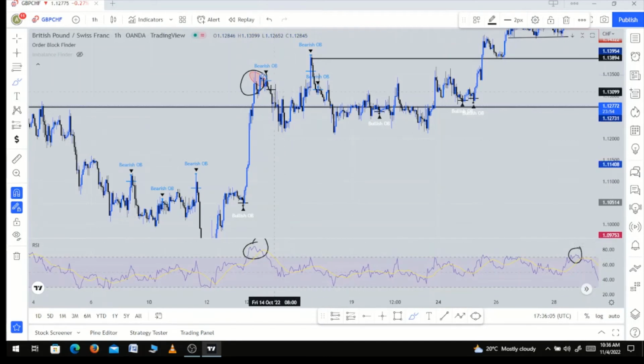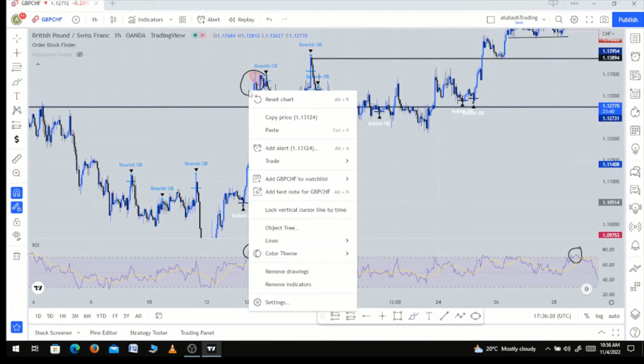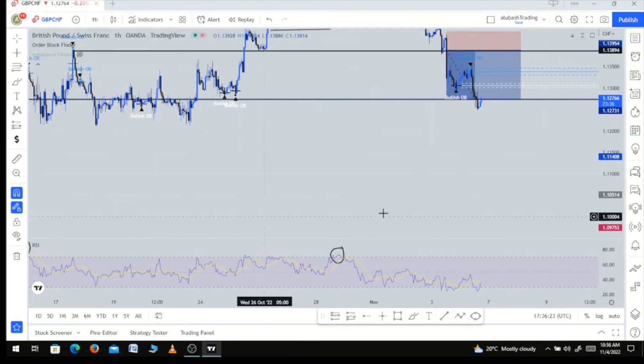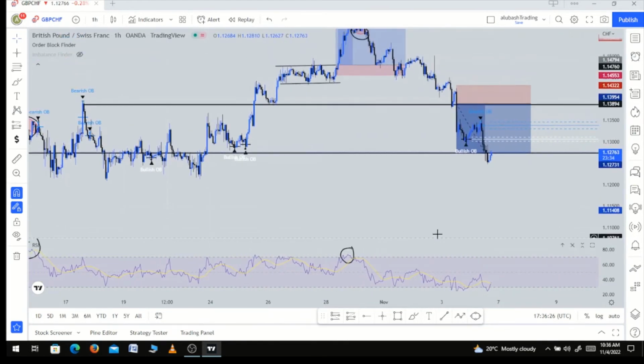So it automatically tells you that sellers are kicking in. The market is overbought, so the sellers need to come in. So this is how people use this RSI to make sure they enter and exit the trade.